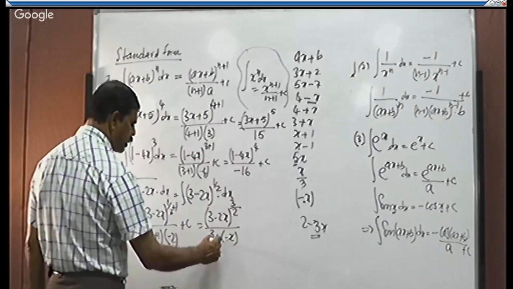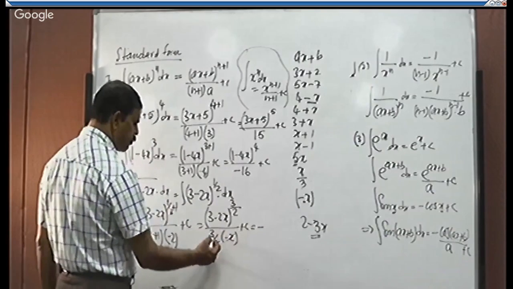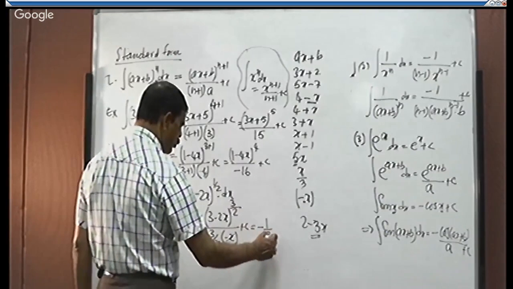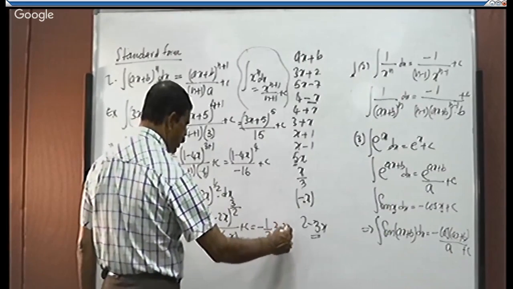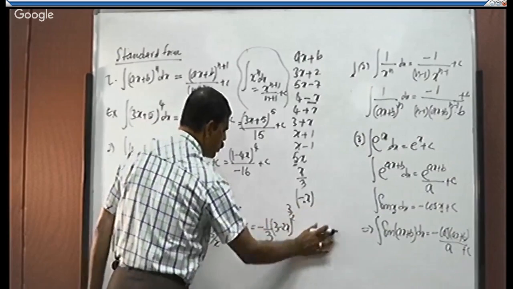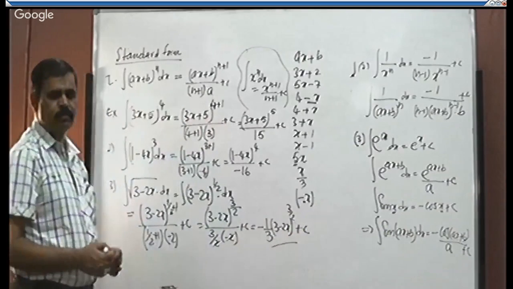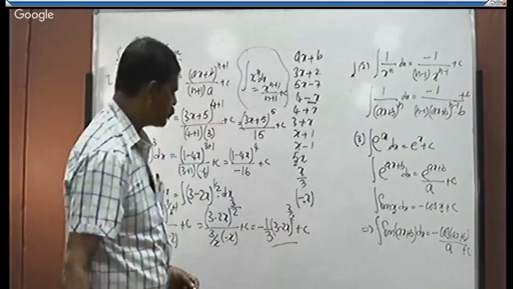The 2 gets cancelled. So finally it becomes minus 1 by 3 into (3 minus 2x) to the power of 3 by 2, plus c. Right?